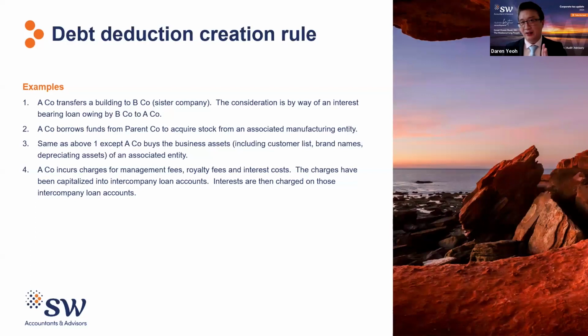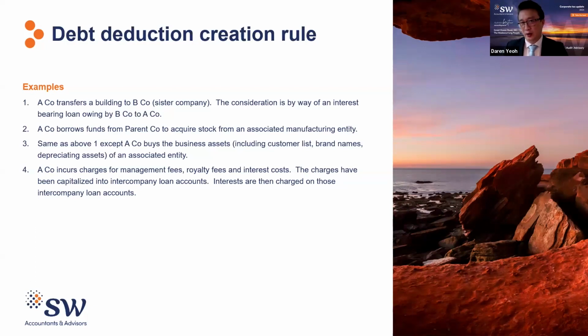And also be aware of this trap. Sometimes you might have payables to an associate for purchase of stock, and you leave it sitting in your trade creditor account. That trade creditor balance sits there for a long time. The risk with this is that if this trade creditor is with a non-resident, the tax authority could potentially deem that trade creditor to be a financial accommodation or a loan.